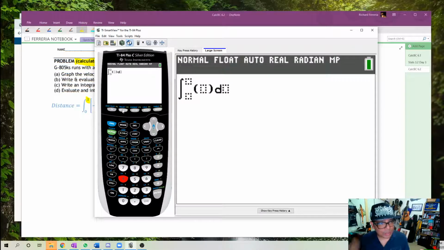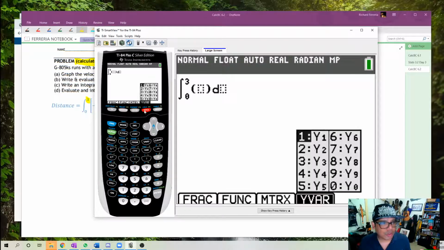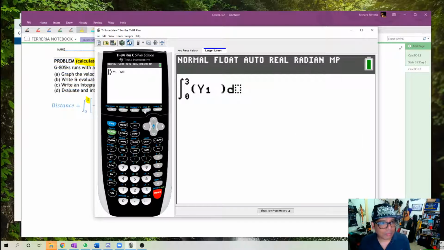In both methods, you get this blank integral template, and you just need to fill in all of the dotted boxes. So we're going from 0 to 3, and we want to put y1 in there because if you remember, we typed our function into y1. This is where we do alpha trace y1 and dx.